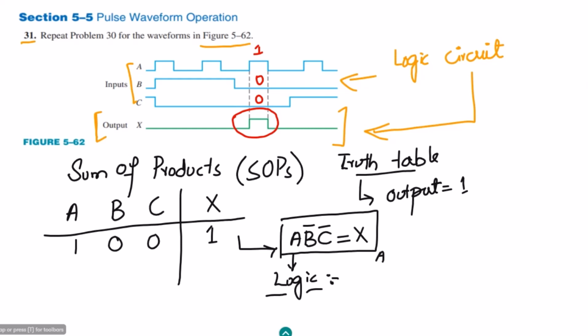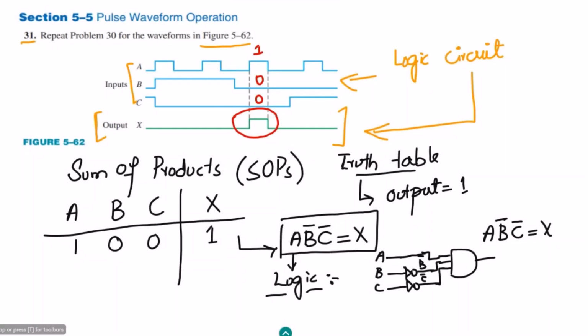If we have three inputs A, B, C, the second is complemented and the third is also complemented, giving B complement and C complement, and here we have A. These three are applied to a 3-input AND circuit. So here we will have the output, which is A B complement C complement, and this is x.